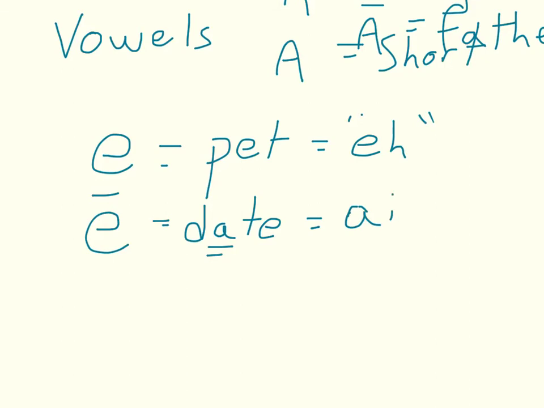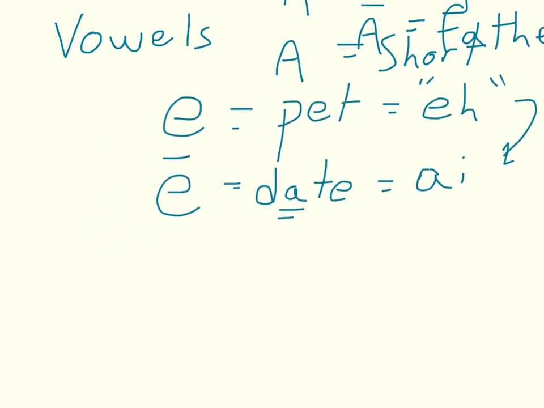If you were Canadian, you might just say A instead of there. Yes, it's subtle. If you don't necessarily hear the difference right now, that's okay.